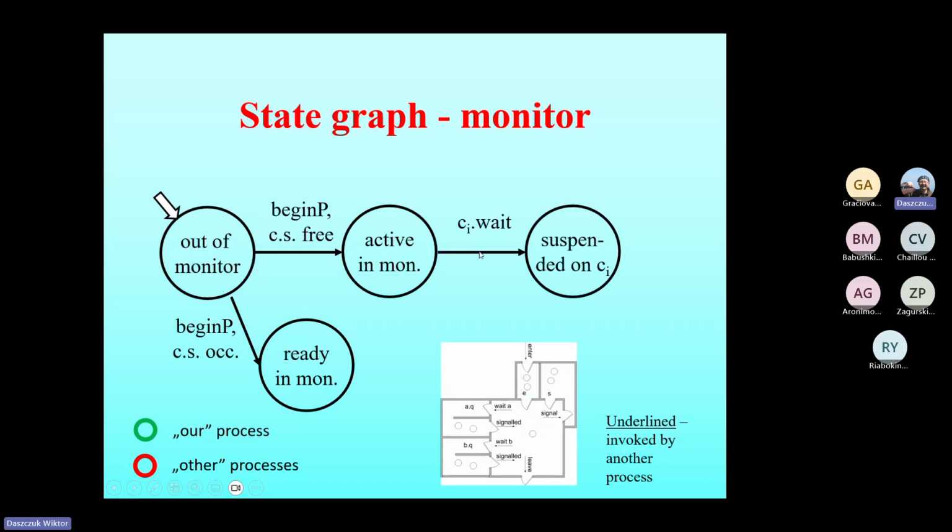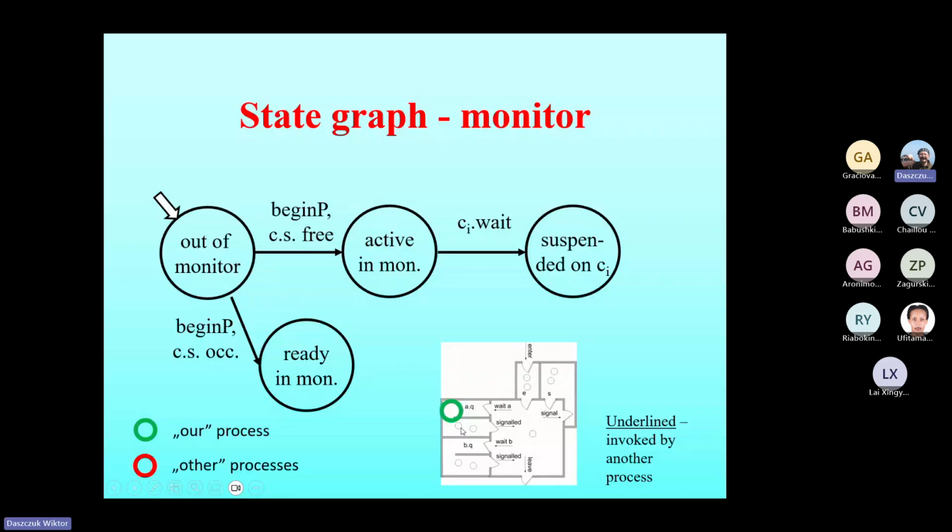Next transition is suspending the process. The operation wait on a condition. In this example, it is CI, condition number I. The process becomes suspended on condition CI.